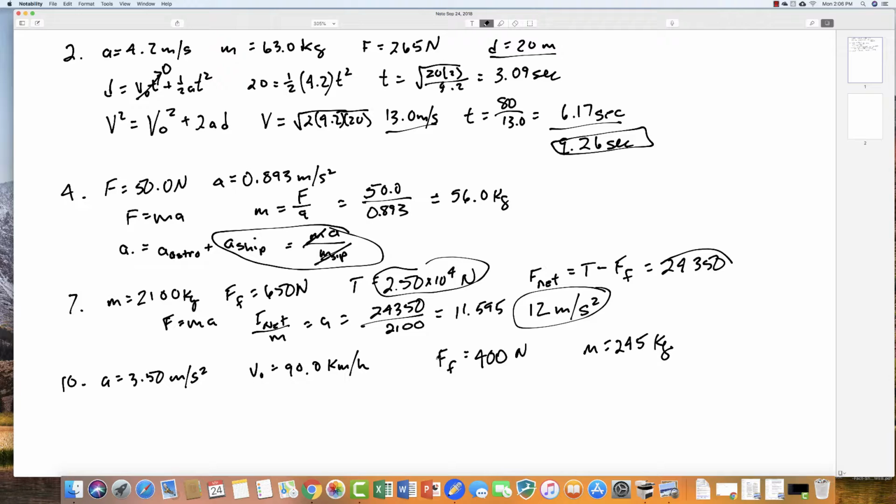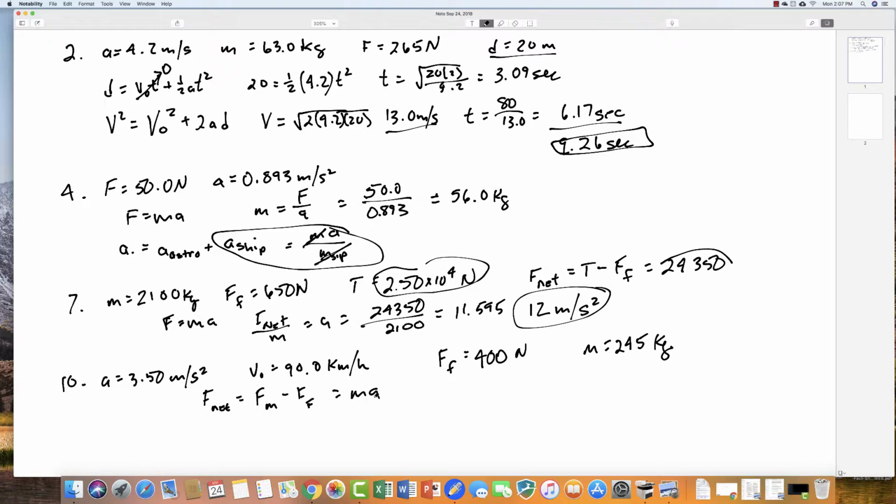So it asks, what is the force? So the net force is equal to the total force exerted by the motorcycle minus the force of friction. This net force is what accomplishes the acceleration.